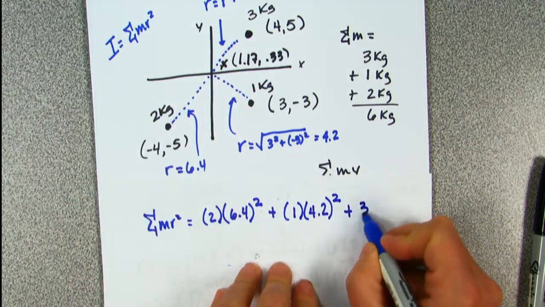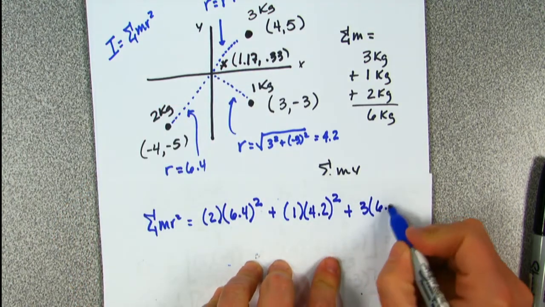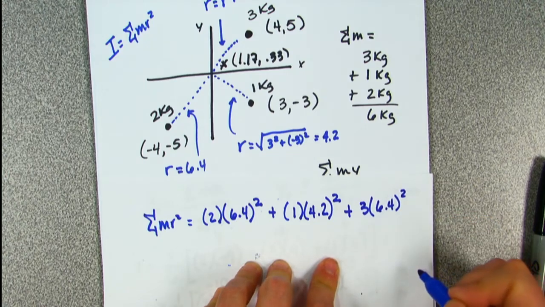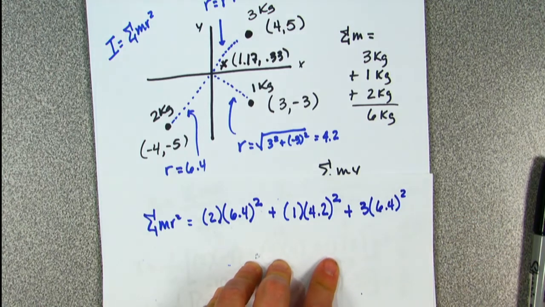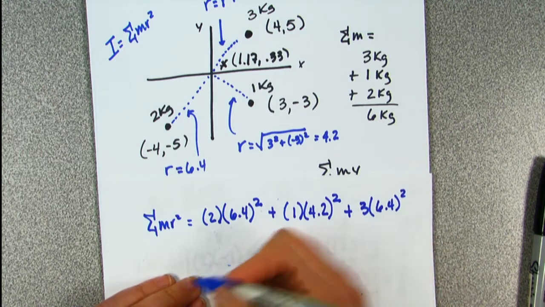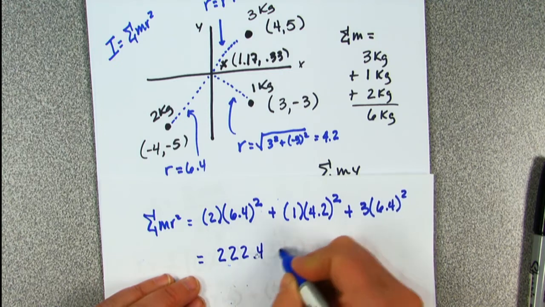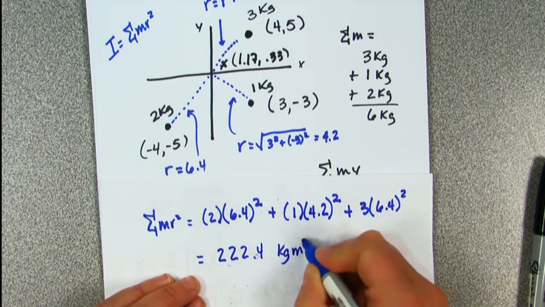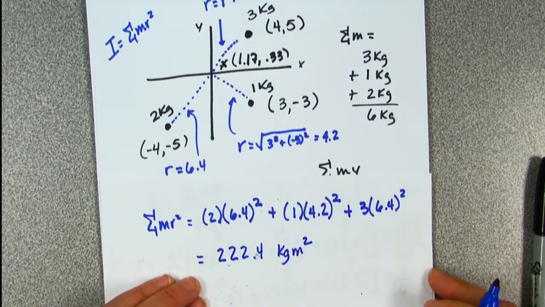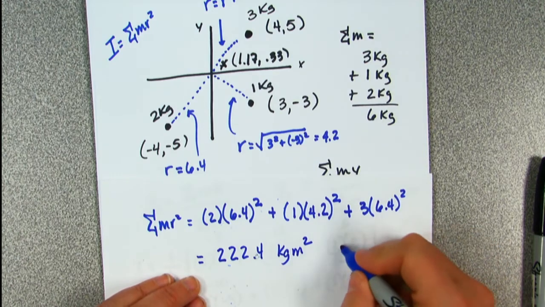That mass is 3, 6.4 squared. This will give me 222.4 kilograms meters squared. And this is about the origin.